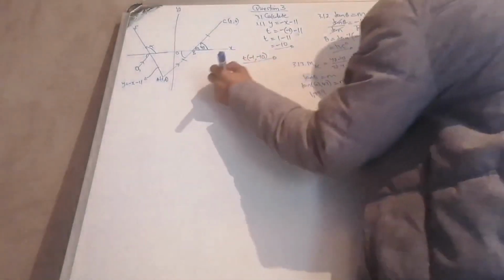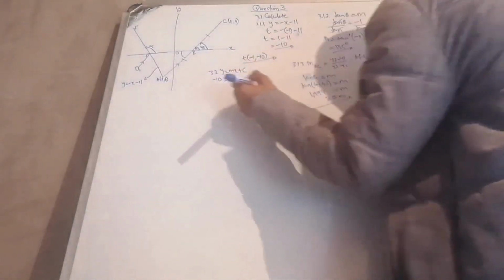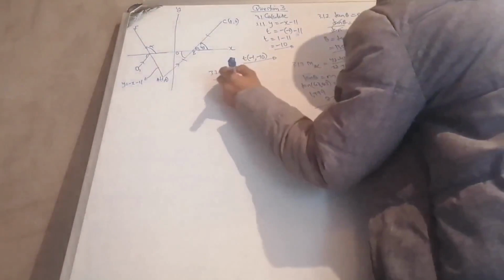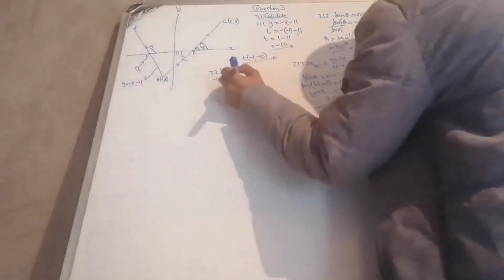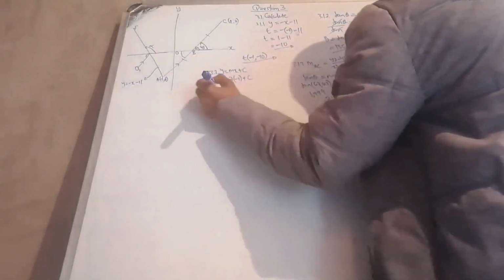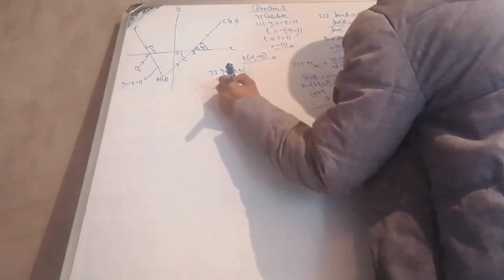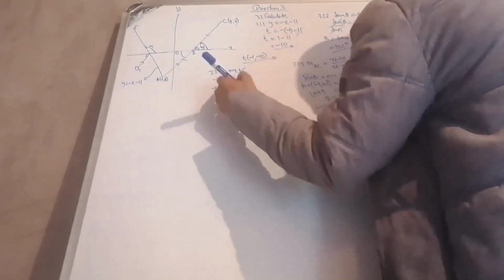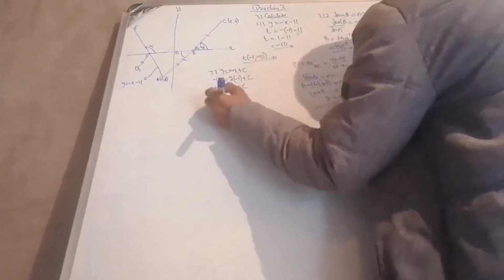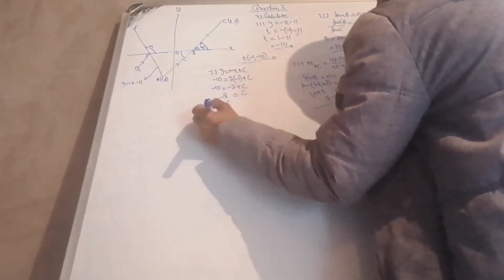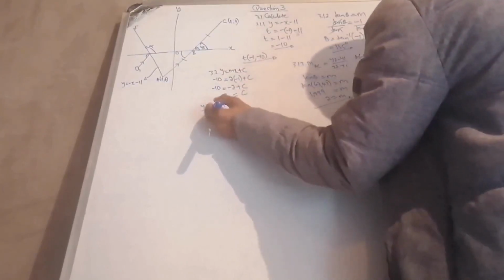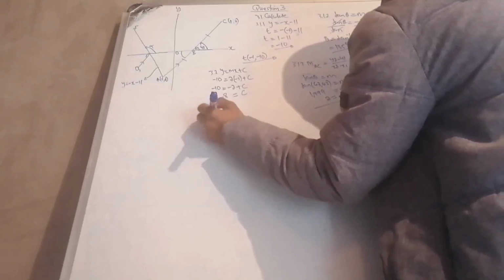My y is minus 10. My gradient is 2. Remember, they said to the nearest whole number. And my x is negative 1. And now I can find c. Negative 2 plus c. This is minus 10 plus 2, which is minus 8. Then y equals mx plus c. Write the value of the gradient, that would be 2.